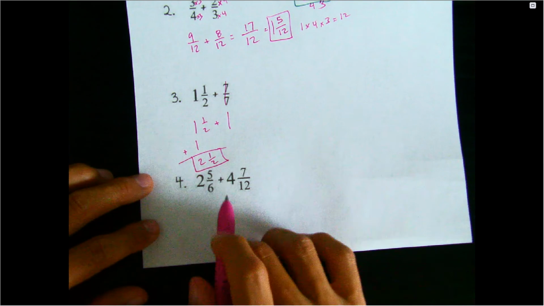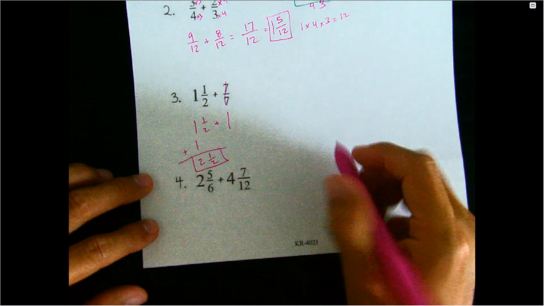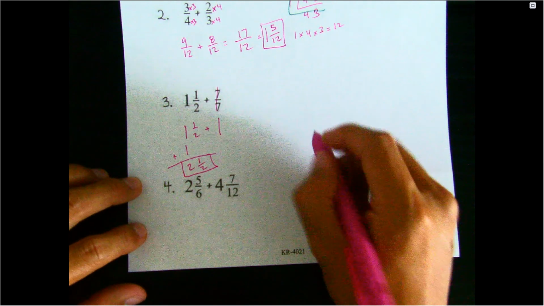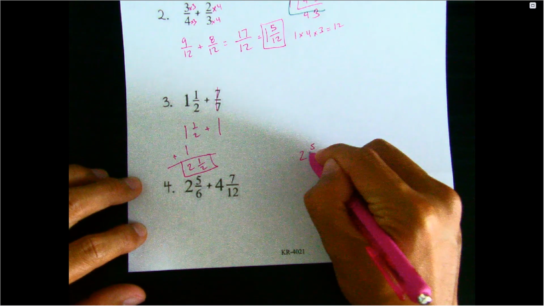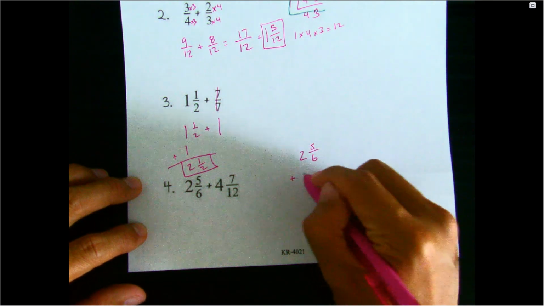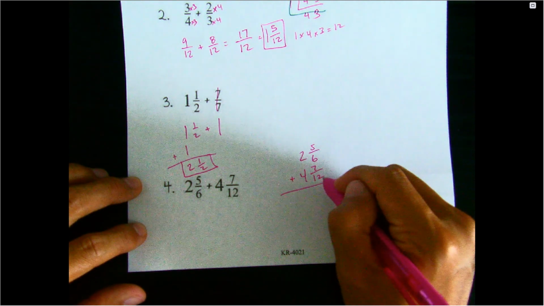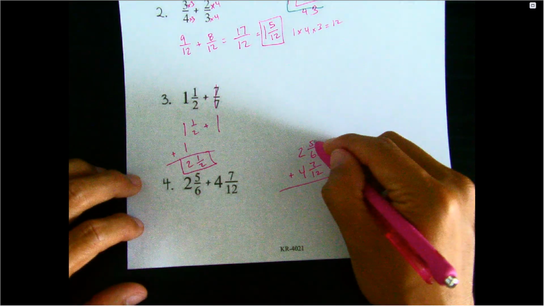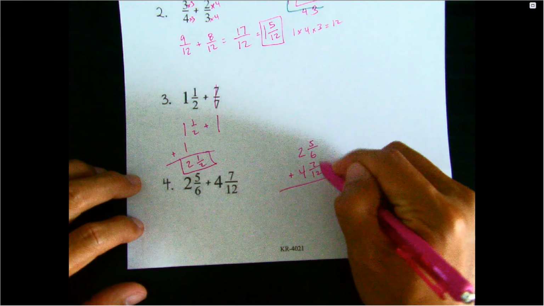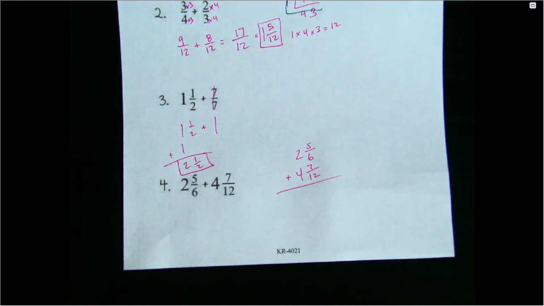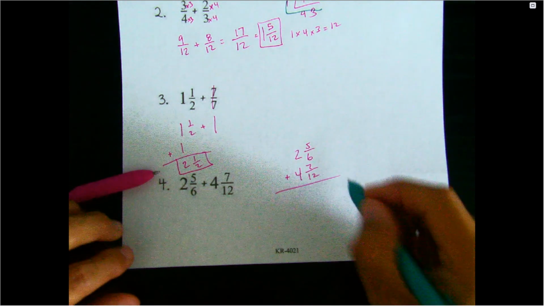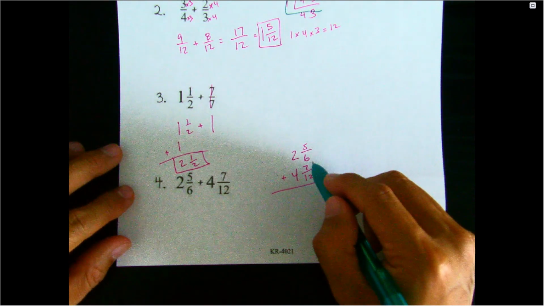And finally, mixed numbers. Again, I like to stack them on top of each other, so I'm going to write them on the side. 2 and 5/6 plus 4 and 7/12. Oh no, I can't add them because I'm going to add from right to left. I can't add them because they don't have a common denominator. Oh no. So what is the least common denominator, least common multiple?